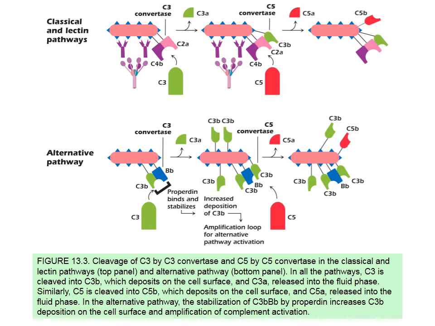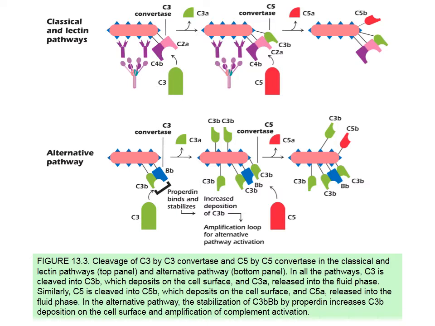Now, in this specific comparison, you will see again the cleavage of C3 by C3 convertase, and then C5 by C5 convertase in the classical and lectin pathway, which is the top panel, and then the alternative pathway, which is the lower panel. Again, you need to understand that in all the pathways, C3 is cleaved into C3b, which deposits on the cell surface, and C3a is released in the fluid.